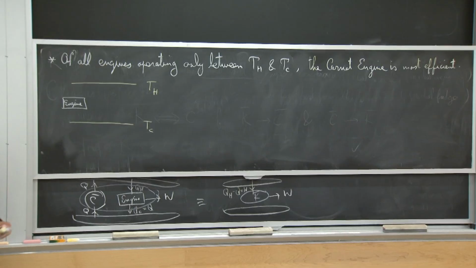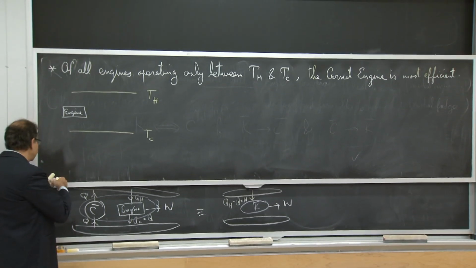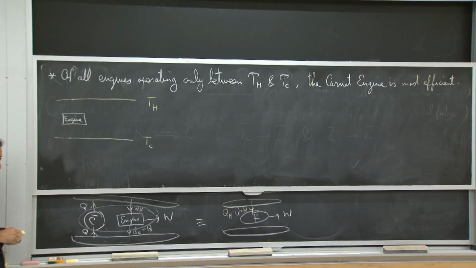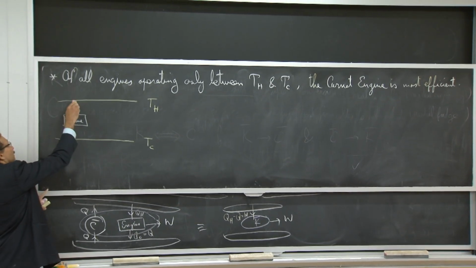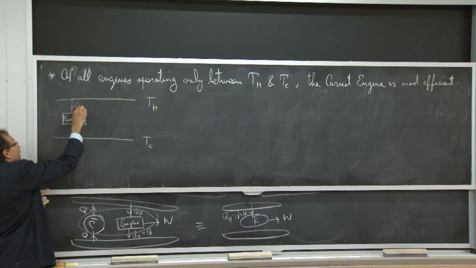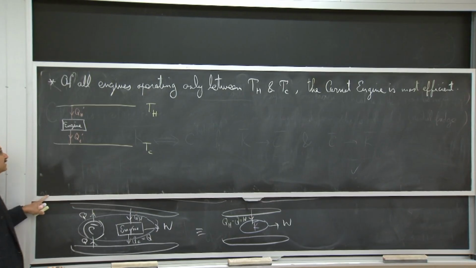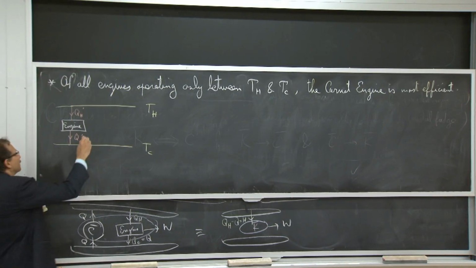So because it does not have to be reversible, it's not a Carnot engine, but otherwise operates completely between these 2 points. So it takes, let's say, heat QH prime, QC prime, and does a certain amount of work W.